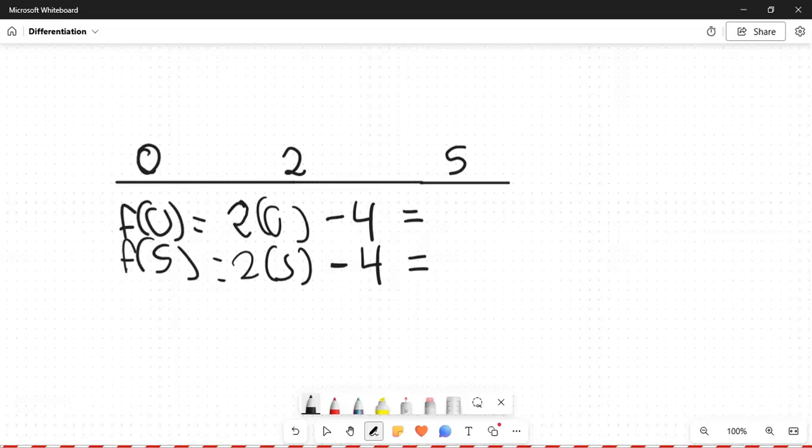Okay, so these are our values right here. 0 minus 4 is negative 4, and 10 minus 4 is 6.